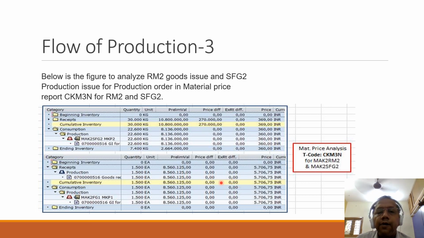Cumulative inventory is 0. See, production order, ending inventory, price differences 2,70,000. What we carried over is coming to a different stage. What is happening in valuation, what are the prices? So you see how it has been calculated with the material ledger activation.